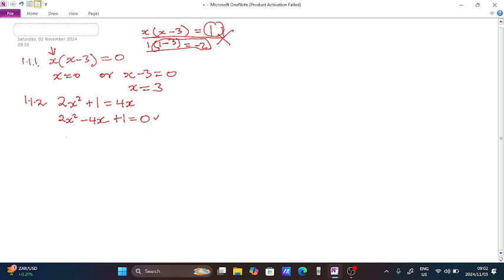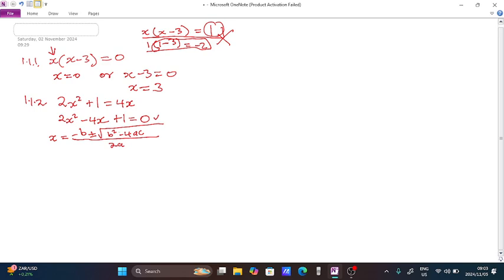Then now let's use our quadratic formula, saying x equals to negative b plus minus the square root of b squared minus 4ac, all over 2a. Now be careful, guys.